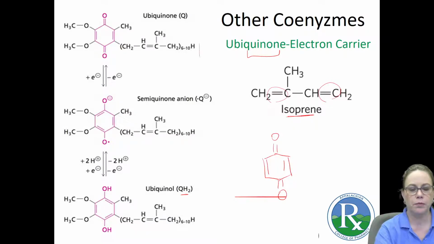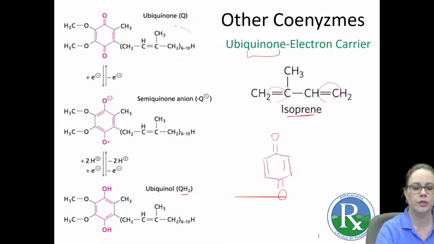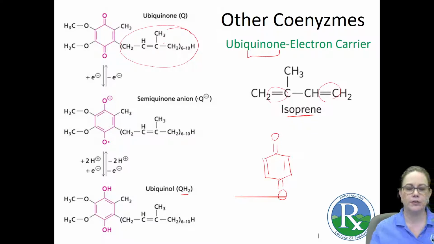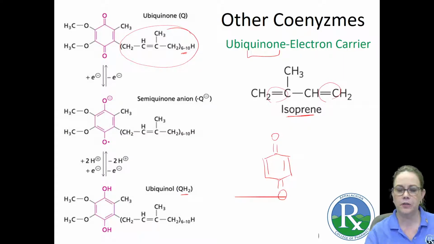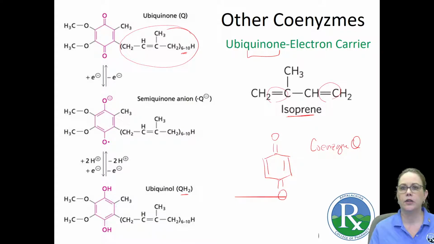So the ubiquinone structure is going to incorporate multiple isoprene units coming off as a substituent on the ring system. We have 6 to 10 of these usually. This is also known as our coenzyme Q. So some people take CoQ10. That will be what they're referring to, where they've got 10 of those isoprene units coming off of it.